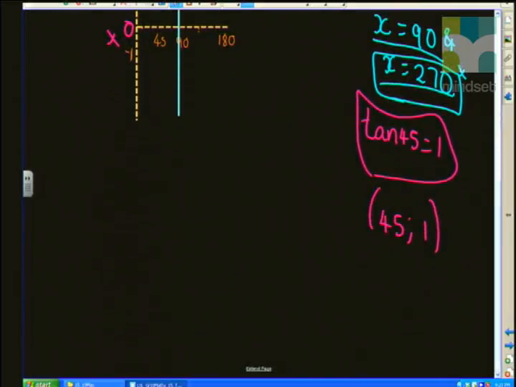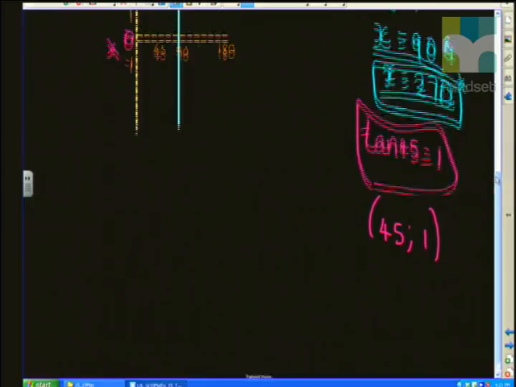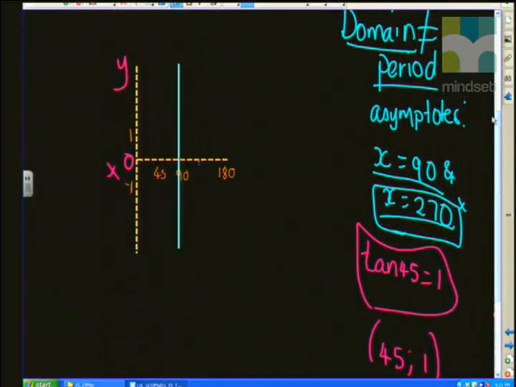You're putting in the key or vital information. 1 and 45 is one of the things you need to show on your tan graph. So when x is 45, tan of 45 is 1. So that means when we draw the normal graph, remember I'm not drawing tan x plus 1 yet, I'm just drawing tan x, and we're going to move that. All right, so that's the first little section there.